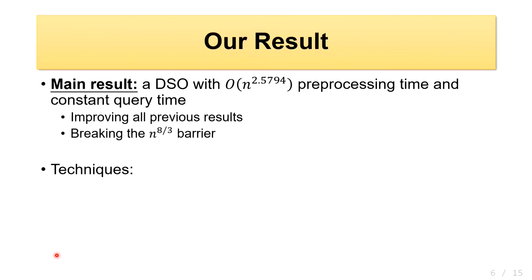Typically, for such kind of improvement, we need some new algorithmic ideas. The most significant new idea is to use the adjoint of the symbolic adjacency matrix. Actually, I would say this is a quite classical idea in shortest paths, but this is what we need to beat the n to 8/3 barrier and obtain something closer to n to 2.5.